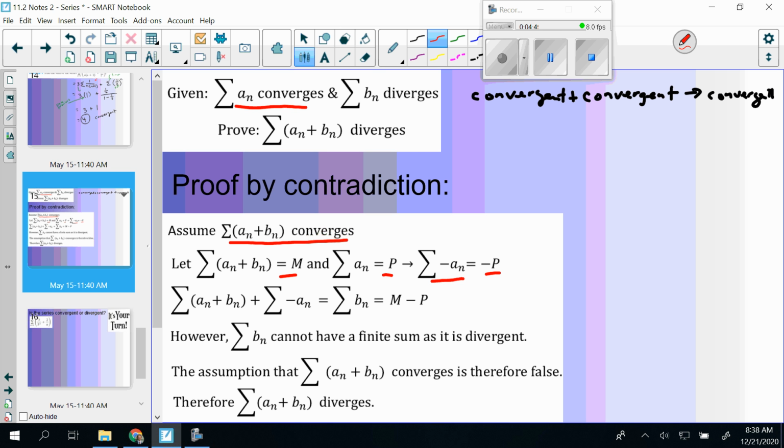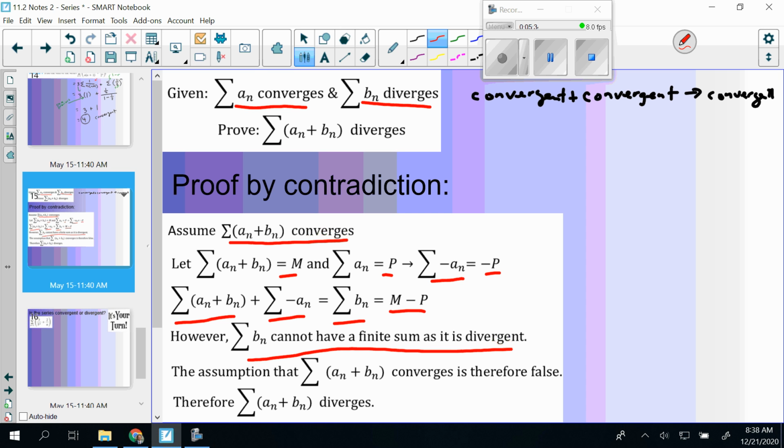If we now add these two convergent series together, which we know gives a convergent series as well, the sum of b of n would equal m minus p, which are both finite, meaning b of n should also be convergent. However, we said before that b of n is divergent, so you can't have a finite sum that's divergent, meaning that can't be true. So if you add together a convergent and a divergent, you are going to get a divergent. You can't get a divergent one to have a finite sum, so it's going to have to be divergent.